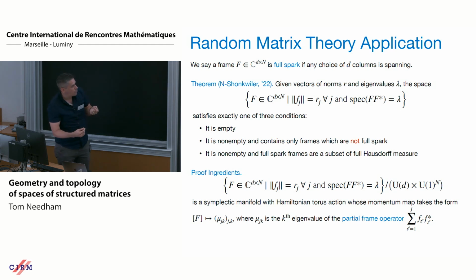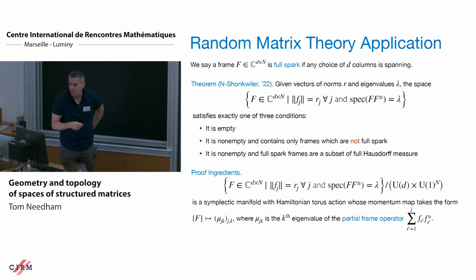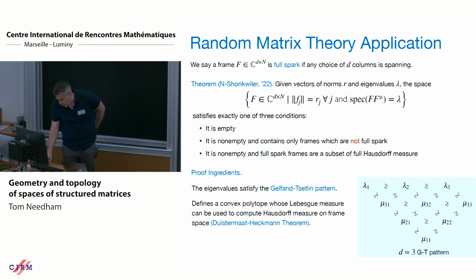So I take the first j columns of my matrix and compute these products, these projectors, F_L F_L star, add those together, and I get low rank approximations of the frame operator, and I can sort the eigenvalues. These are the things that pop out of the momentum map. These eigenvalues satisfy a certain pattern, and if you're a symplectic person, this maybe looks familiar.